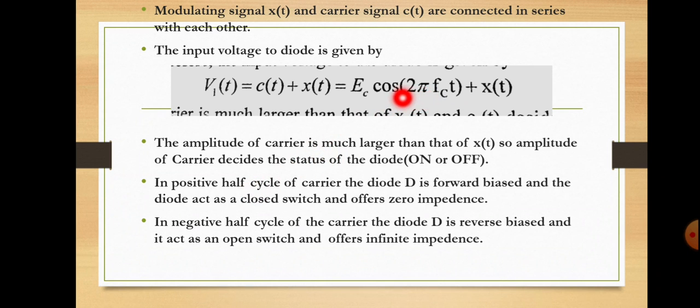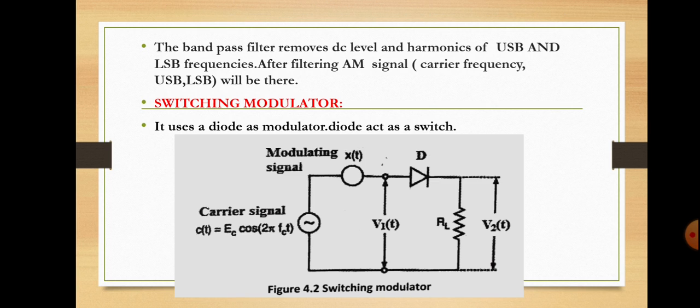You know that the frequency of the carrier is higher compared to the frequency of the modulating signal. So when a positive half cycle of the carrier appears, the diode D will be forward biased. See, this is the carrier signal and this is the modulating signal, and the carrier signal frequency will be higher compared to the modulating signal frequency.